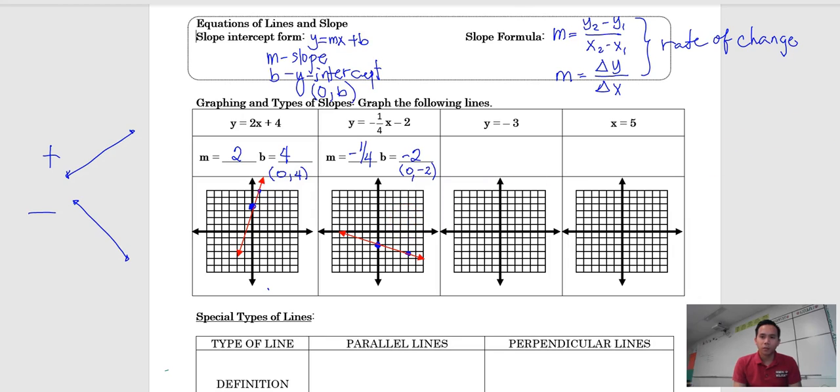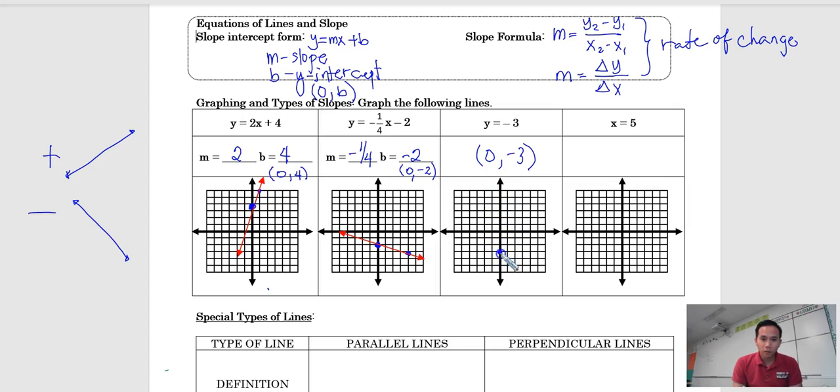And then the next one is, as you can see here, there's no slope. You only have the y-intercept, which is (0, -3). So I'm going to graph that. You might encounter this type of problem. So y = -3, so it's only your y-intercept. So 0, 1, 2, 3, it's here.